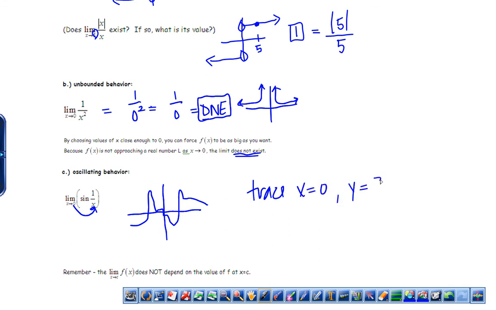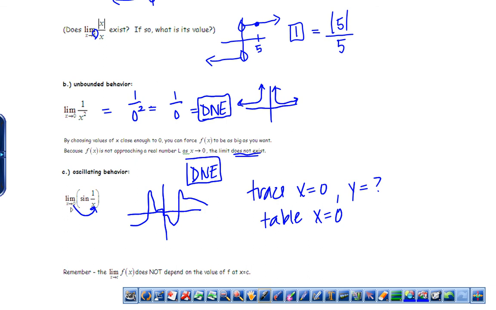If you look in your table, or you did a trace at x equals 0 to see what your y is, you get nothing for your y. There's an error on your y. So there is no y value at all. Although it looks like it passes over your y, there is nothing there. So since there's nothing there, we would say your limit does not exist at 0.